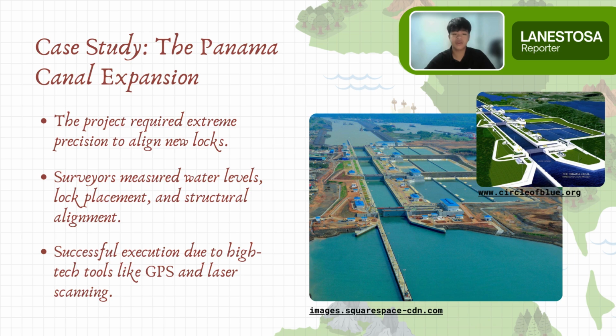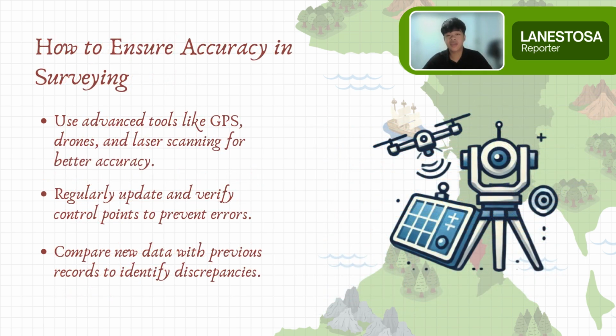So, how can surveyors continue to improve accuracy and precision? Let's look at some of the best practices. To improve accuracy in surveying, professionals use advanced tools like GPS, drones, and laser scanning. These technologies help minimize human errors and provide highly precise measurements.